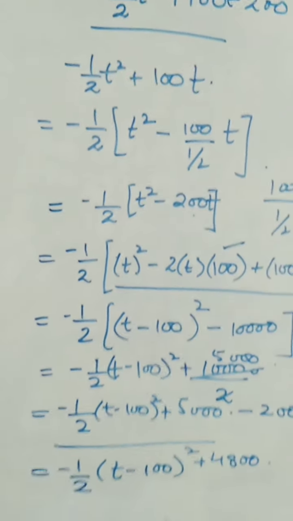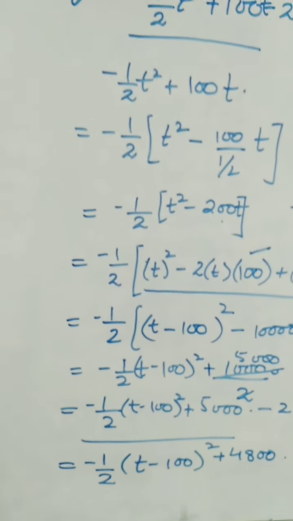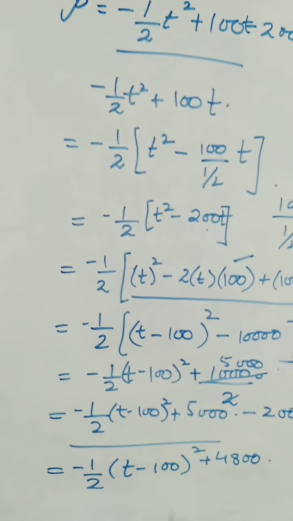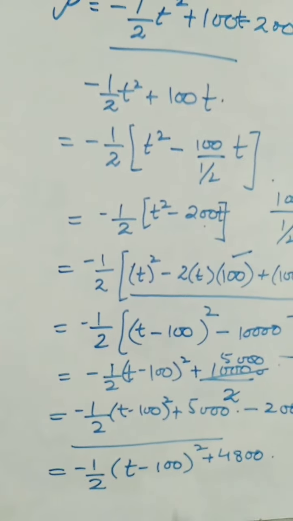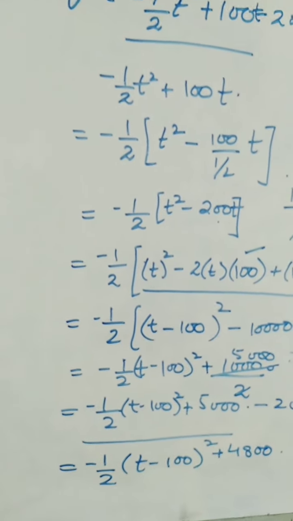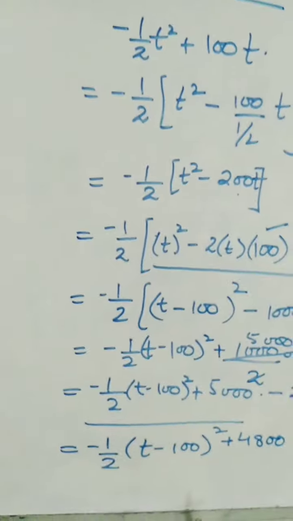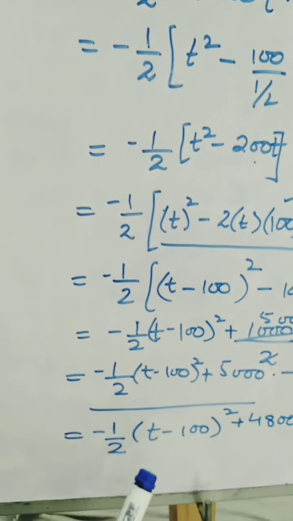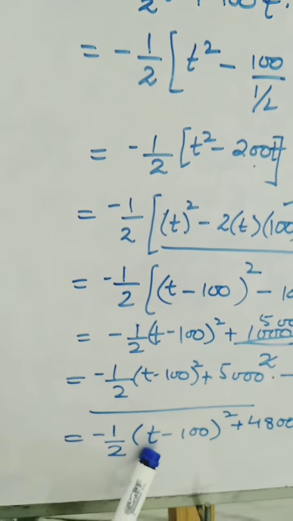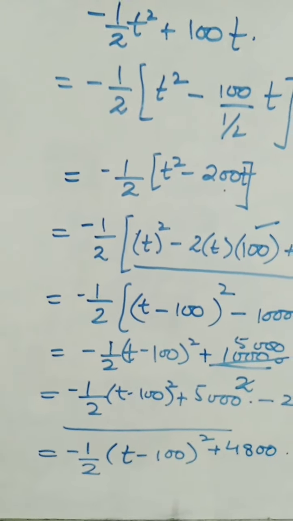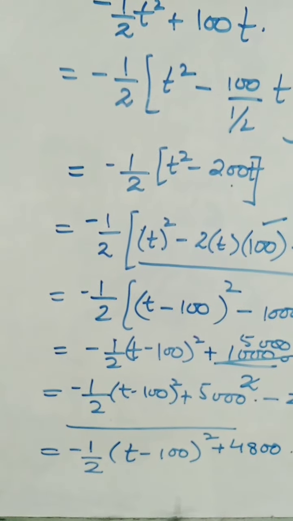Now we have to tell the greatest profit the firm can make each week and how many tons of cans it has to collect and crush each week to achieve this profit. So if the value of T is 0, let's say, we will calculate how much the firm can achieve.